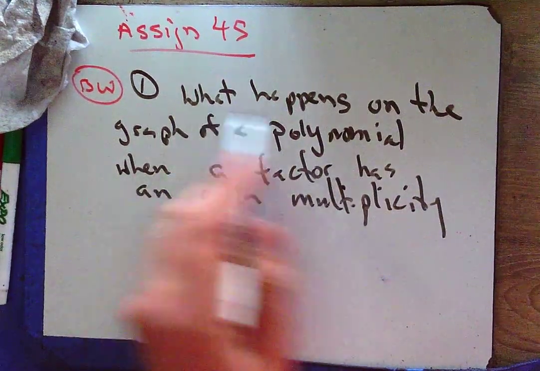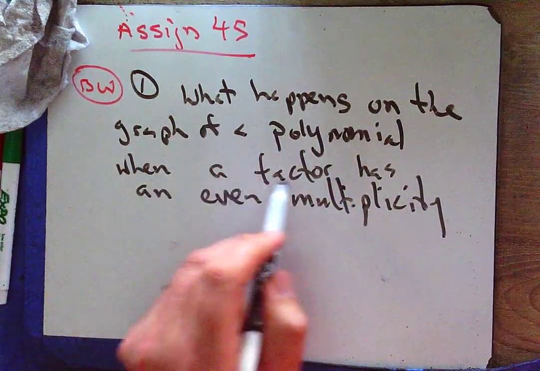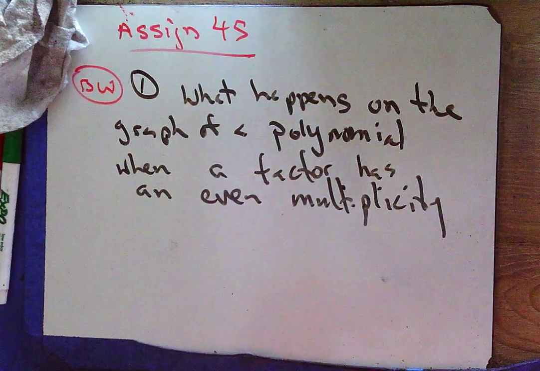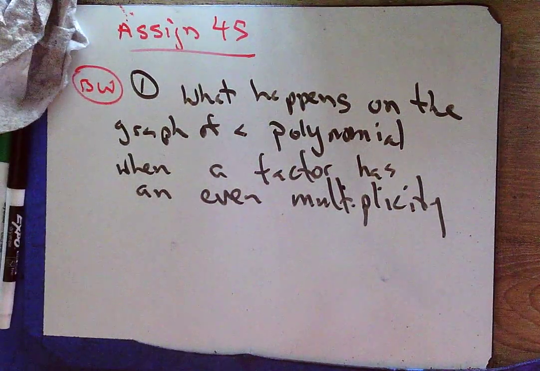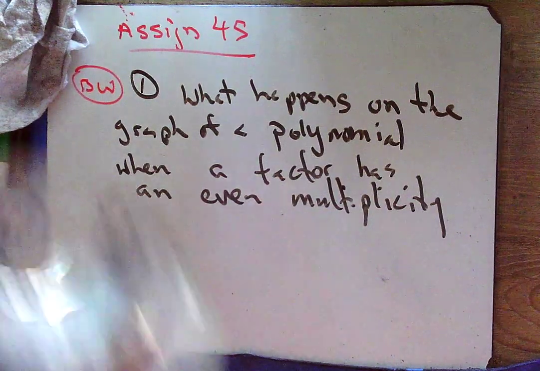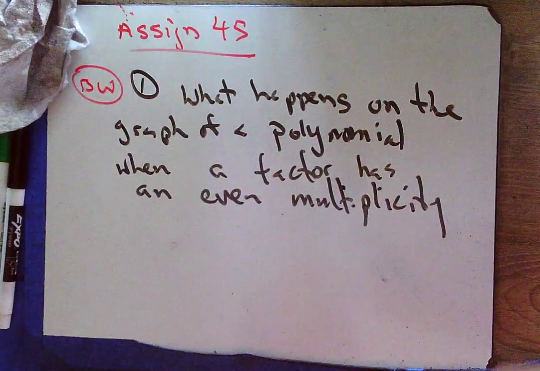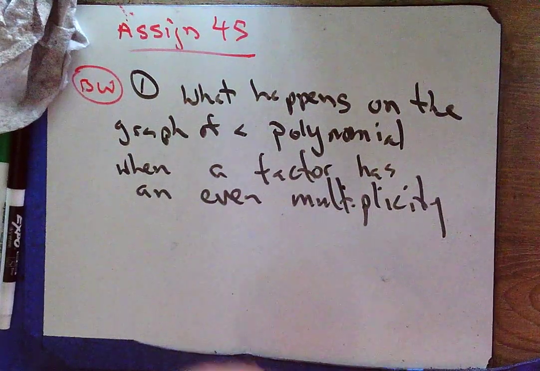Okay, what happens on the graph of a polynomial when a factor has an even multiplicity? Think about that, come up with an answer. If you watched the video for assignment 44, you should be very comfortable with this.